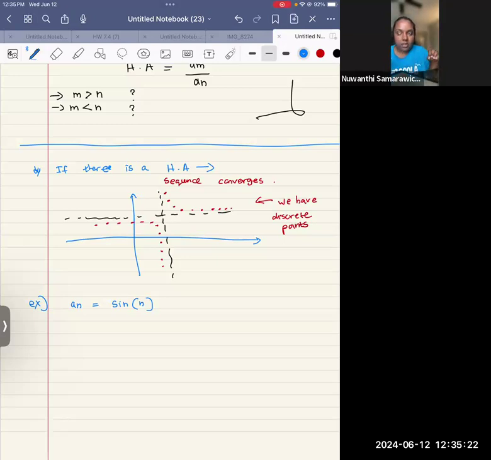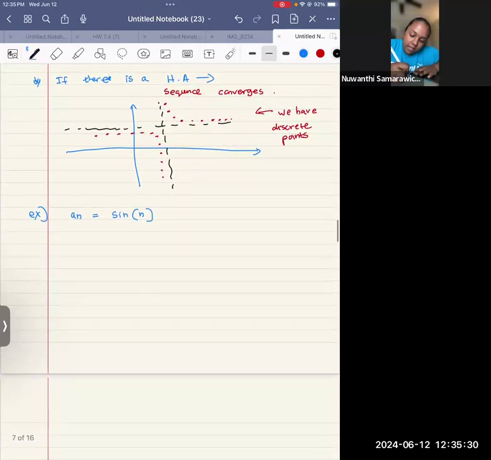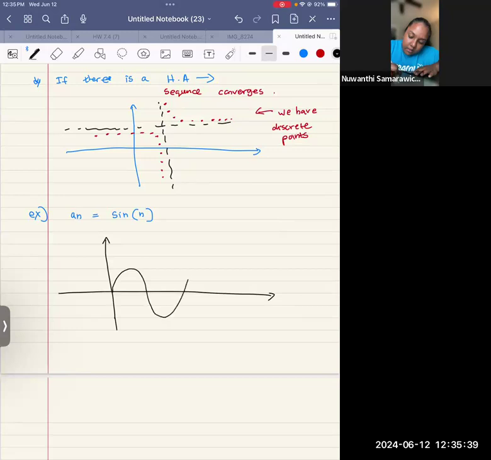We can say the sequence diverges or converges by looking at the horizontal asymptote. But here, when you draw the sine curve, it will look like this. This is a periodic function.